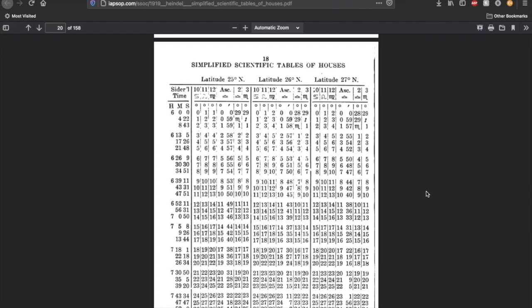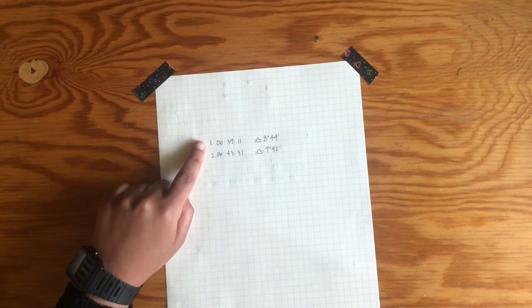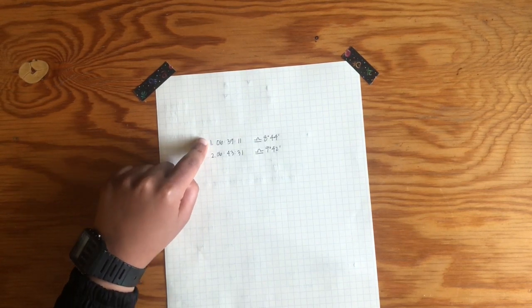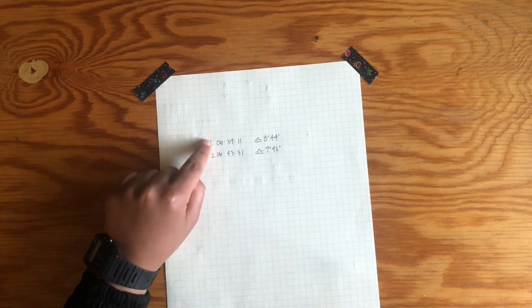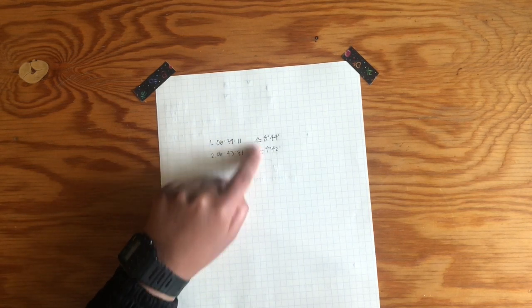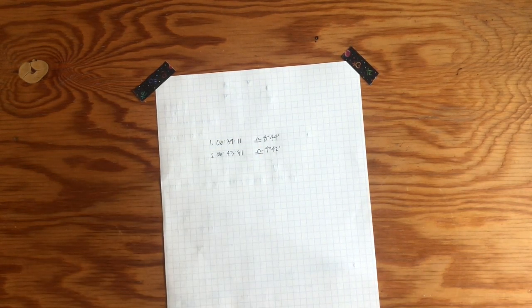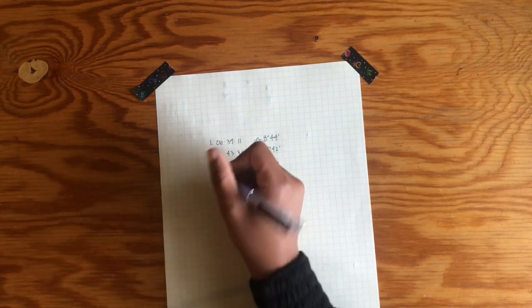And so we're going to go back to the paper and use those to interpolate and to find the degree of our ascendant. Okay, so you can see that I wrote down the sidereal time for the figure on the house cusps table for this latitude just before the time of birth, and also right after, and also the degrees for the rising sign for both of them. So what we're going to do is take the difference between these two times and these 2 degrees.